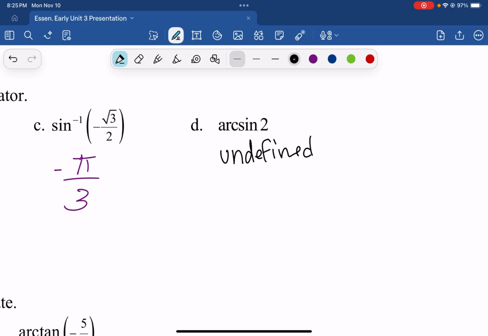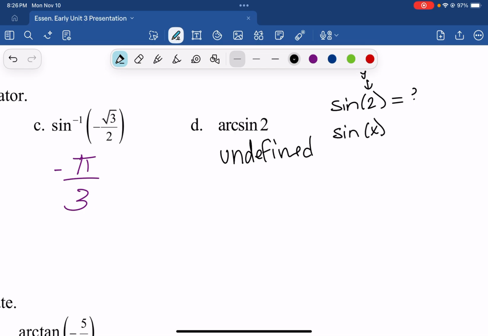So that's undefined. Ultimately, there's not an x value when I take the sine of a value that gives us 2, because that's a y value.